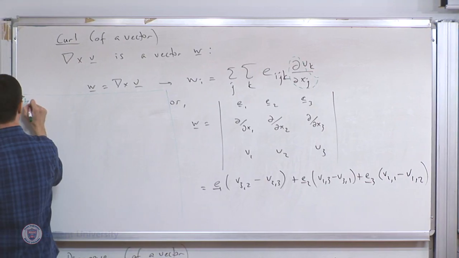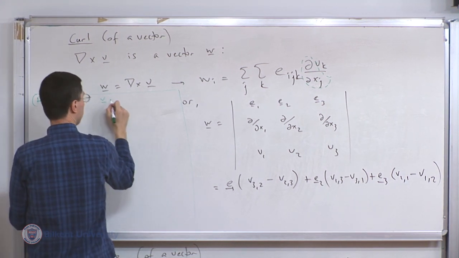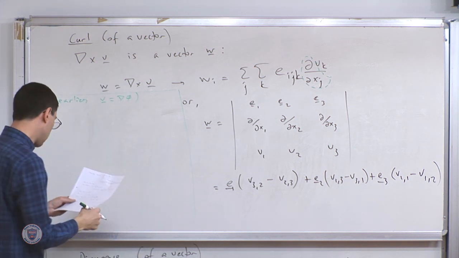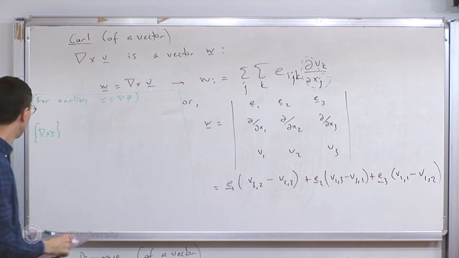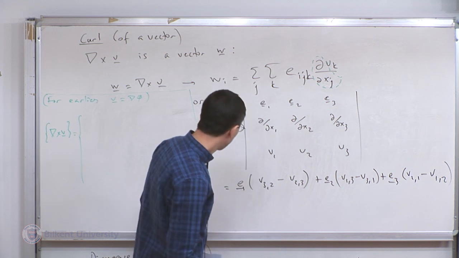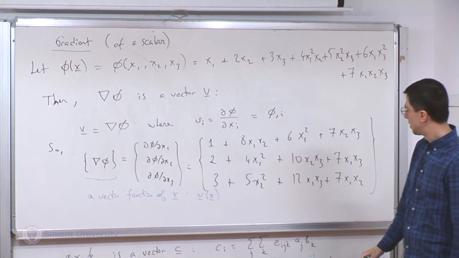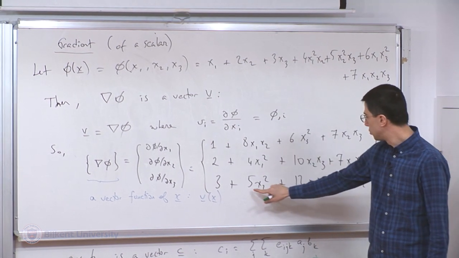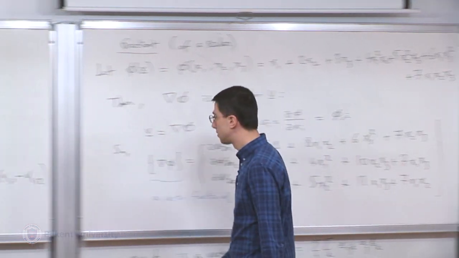So for the earlier V, which is equal to gradient of phi, for that example, let's calculate the components of the curl of the vector V. So that's equal to. Okay, so V3, comma 2, V2, comma 3. So V3, that's V3, right? Comma 2, 10x2 plus 7x1.